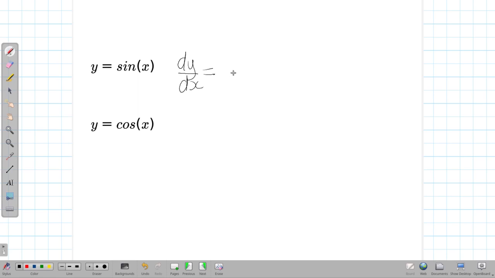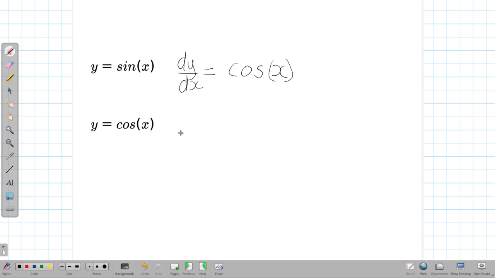So it's quite simple. It's the other function, so it's cosine. I know it's not strictly speaking the other function, it's just another sine wave that's got a 90-degree phase angle, but for the sake of simplicity, we'll call it cos. And it's cos x still. And that's simply it. You'll see this in the table of derivatives. If you're doing the derivative of sine x, it's just cos x.